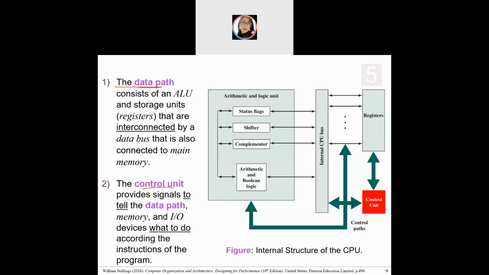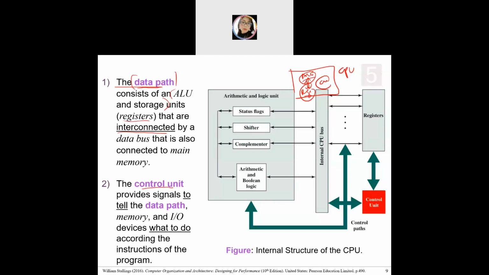On the data path, they are interconnected. It consists of ALU and storage, which is your register. Under CPU, you have ALU, register, and also CU. These 2 are under data path, which consists of ALU and register, the storage unit.